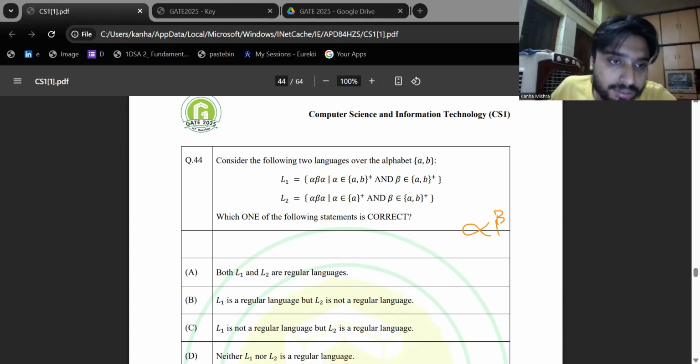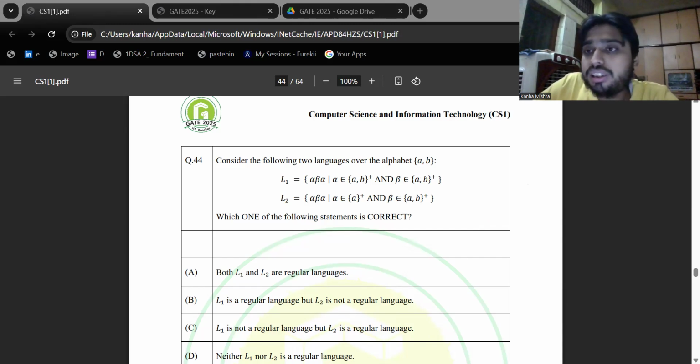For example, it cannot match an equal number of A's and B's. It cannot ensure whether the string is a palindrome. Hence, not regular. So if you recall alpha, where alpha belongs to {a, b}+ and beta belongs to {a, b}+, it is not regular because you need to compare two arbitrary substrings, which requires memory, and that is not possible with finite states.